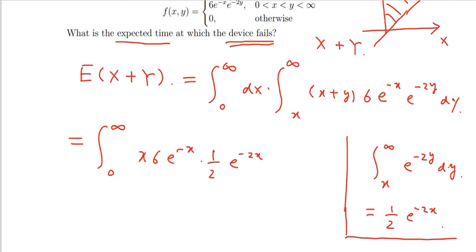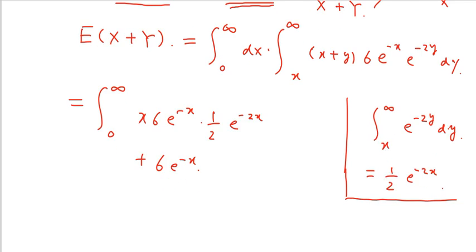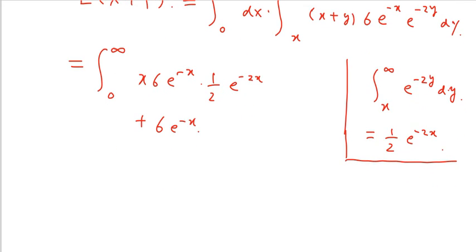So for this one, x is a constant, so take it out. So here we have y e to the negative 2y, so this integration is y e to the negative 2y dy.